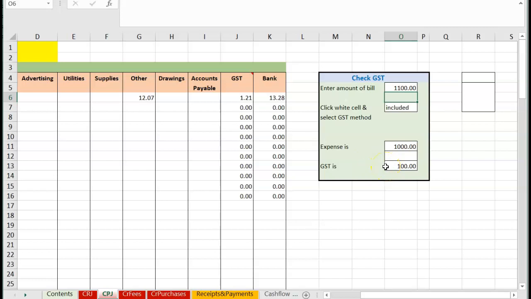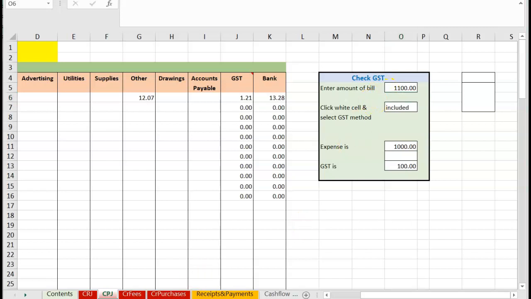So 1,100 divided by 11 gives us 100. The GST checker has confirmed that the GST included in an $1,100 bill is $100 and the expense is $1,000. So if that was the bill, you would include the $1,000 in the expense column. You would include the GST of $100 in the GST column, and you would include $1,100 being in your bank column.